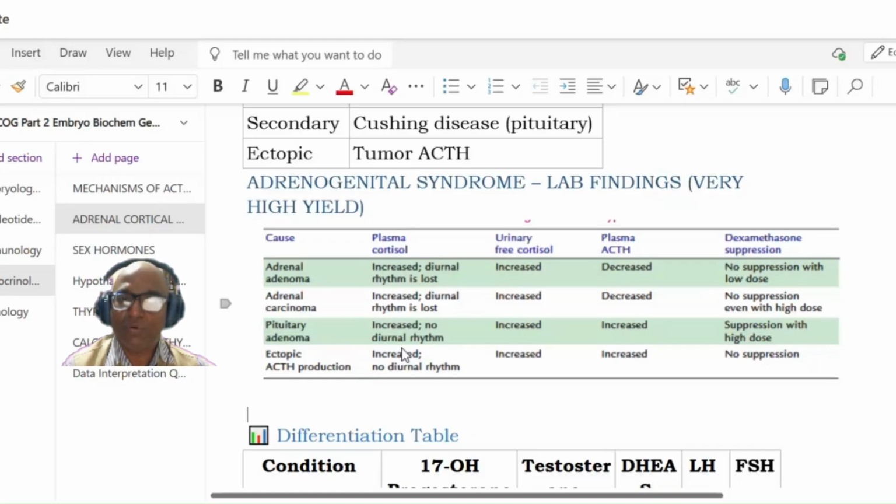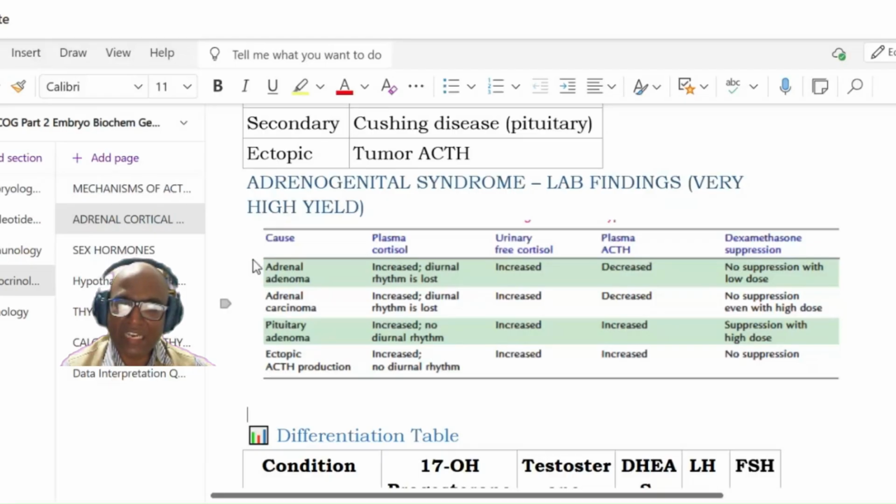Now, what happens to the urinary cortisol? If it is an adrenal adenoma, the free cortisol level will be increased. In all four conditions, you will have increased free cortisol. But what happens to the plasma ACTH? Because the adrenals are at fault, they are secreting an excess of cortisol. This excess of cortisol will act on the pituitary and will reduce the plasma ACTH.